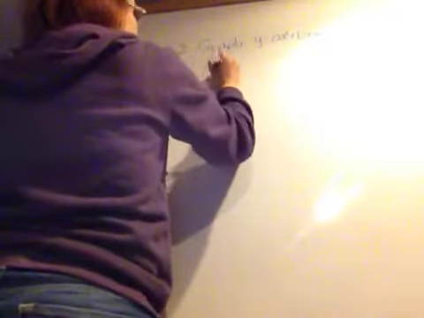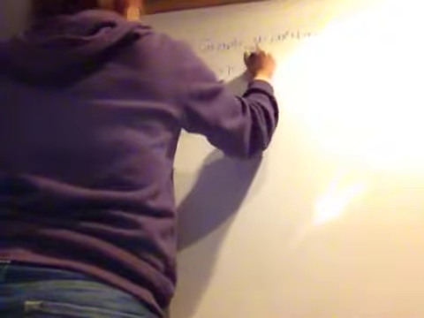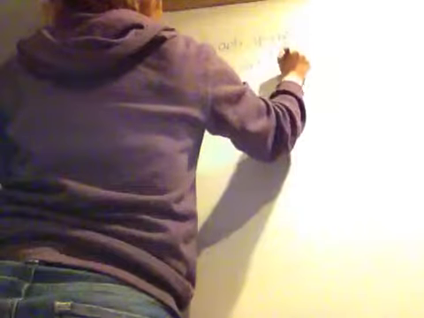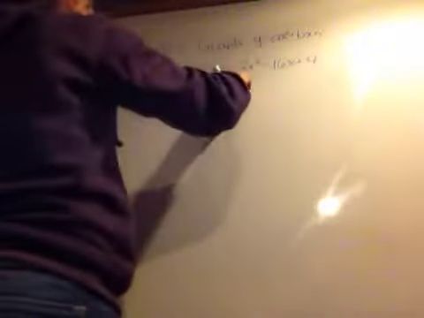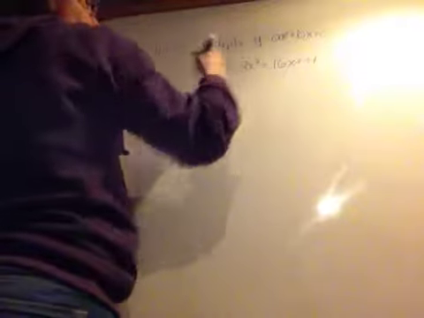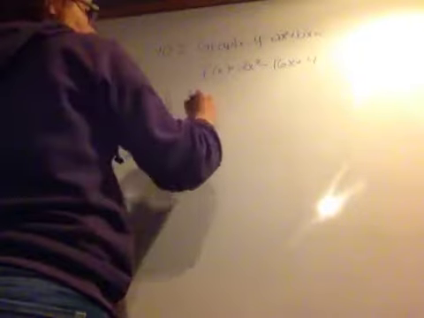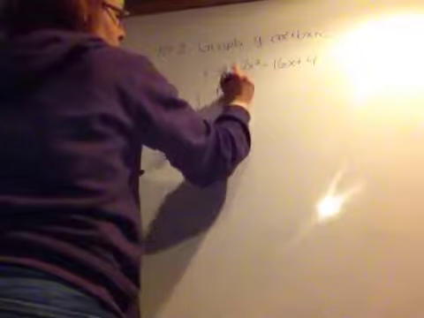So here we have f of x equals 2x squared minus 16x plus 4. So we want to determine if there's a minimum or a maximum. Since this coefficient of x squared, my a value, is positive, it's going to open up, which means I'm going to have a minimum value.